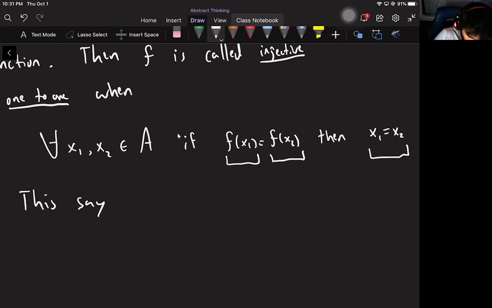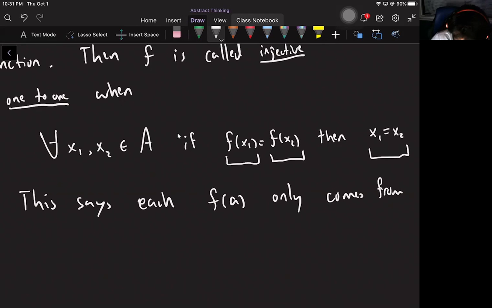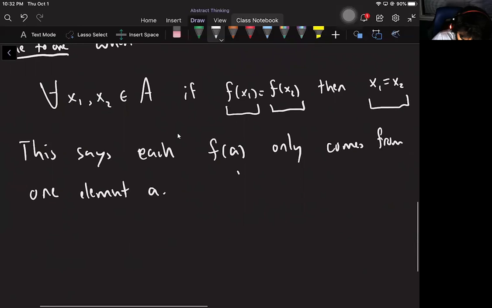This says that each f(a) only comes from one element a. This is really saying the same thing. Because what you're doing is you're pretending that you're able to get f(a) in some other way. I'm just changing the letters now.